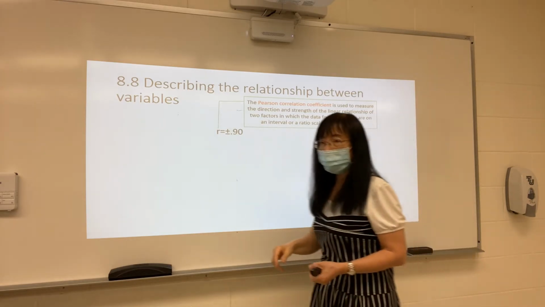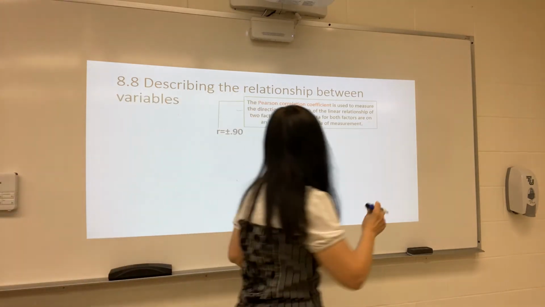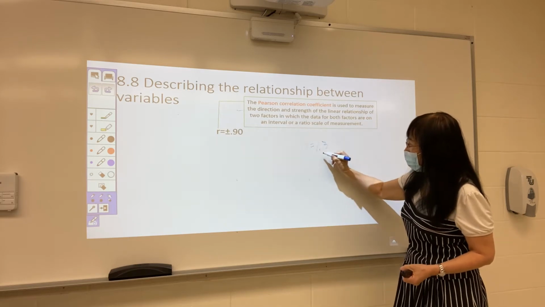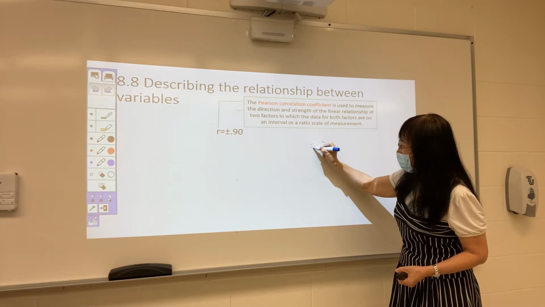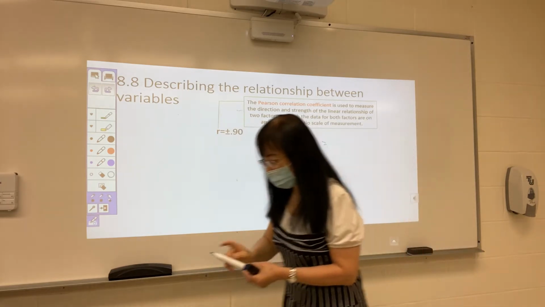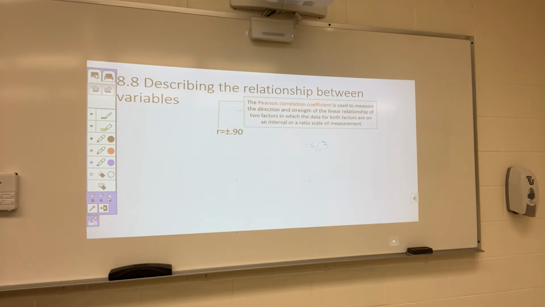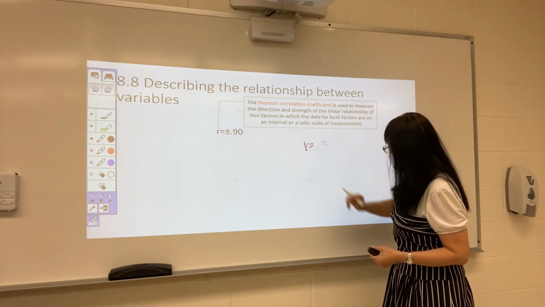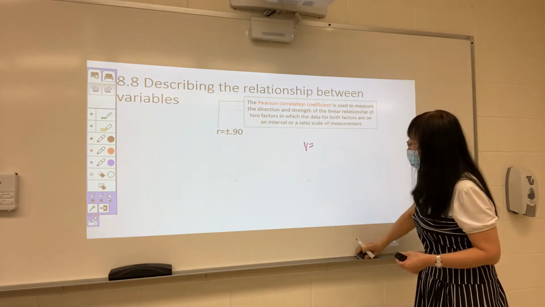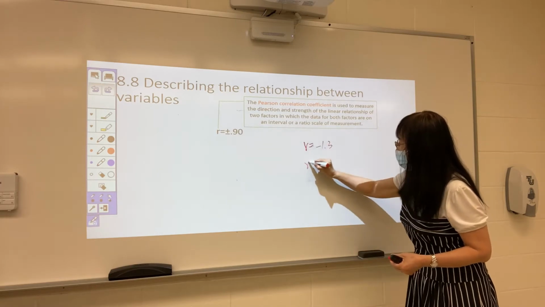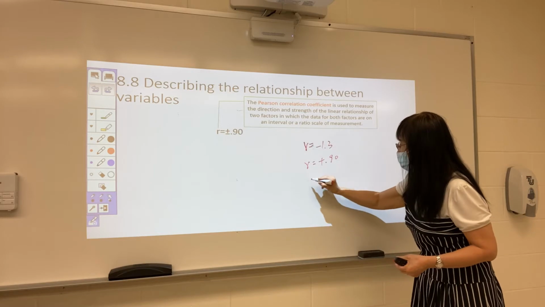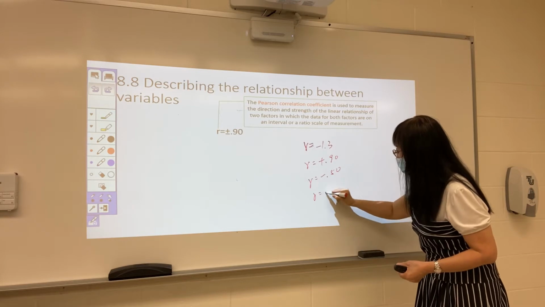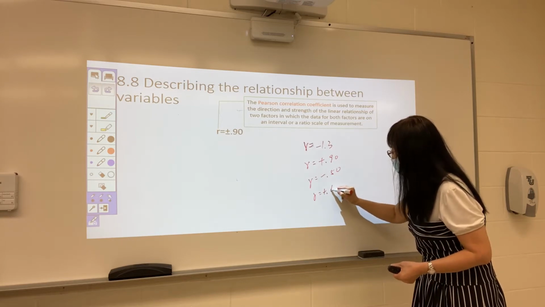This is just to show you. If I give you an exam, and I list a couple of correlations: one is negative 1.3, another is positive 0.90, another is negative 0.50, and another is positive 0.50.